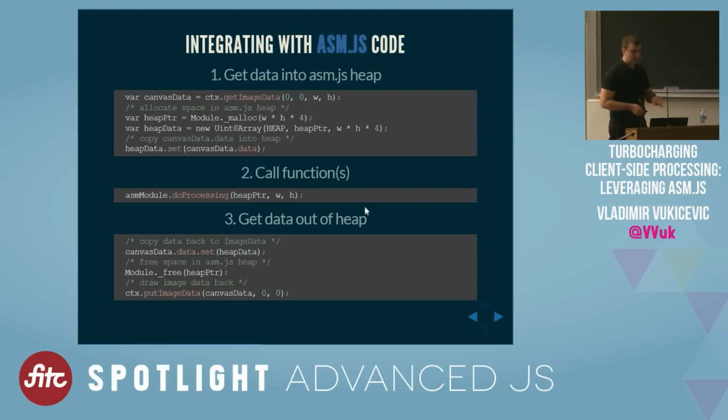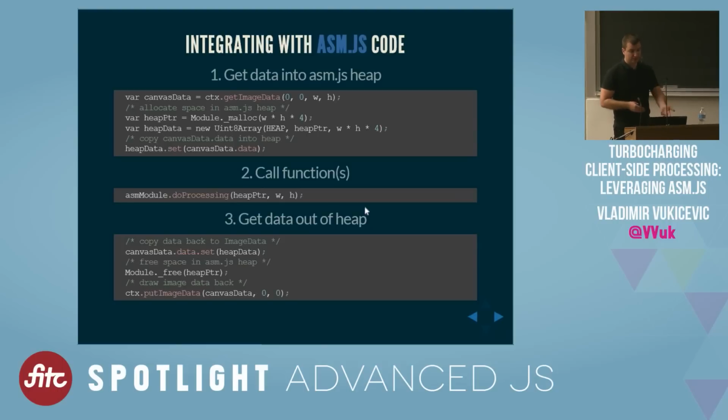So you call getImageData, you get your image data element, and then you have to call malloc on the global asm module. This sounds and looks totally bizarre to JavaScript programmers, right? Because you're doing manual memory management here. But that asm heap, especially if you're coming from C and C++, is just like a system's memory, and you have to allocate and release things very explicitly there.